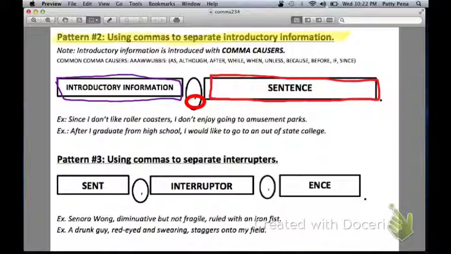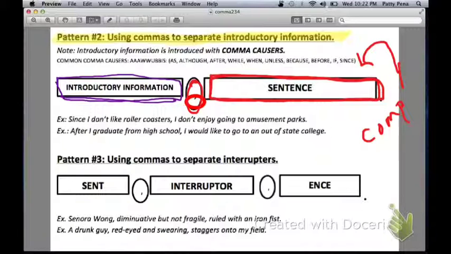So you have introductory information, you have a comma right here, and then you have your complete sentence over here at the end. So this is actually a complex sentence. It's a sentence that has an independent clause plus another clause or a phrase included in that sentence.